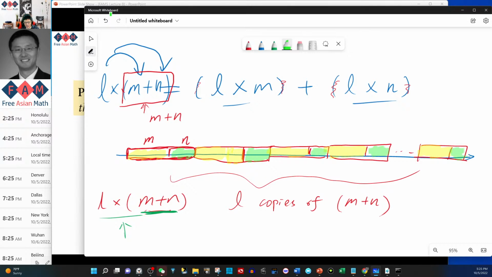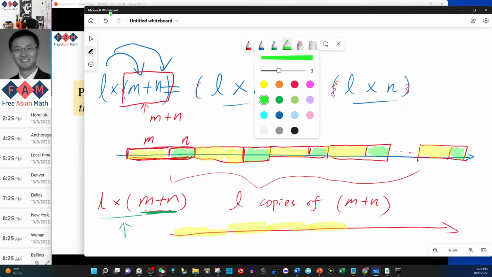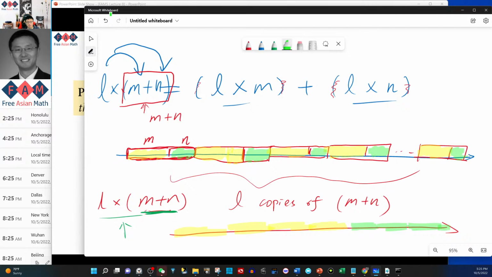When we add them up, we can clearly group all the yellows together first, right? So if we group all the yellow first, and then group all the green line segments, which represent the n's, together, the total length must still be the same, right?